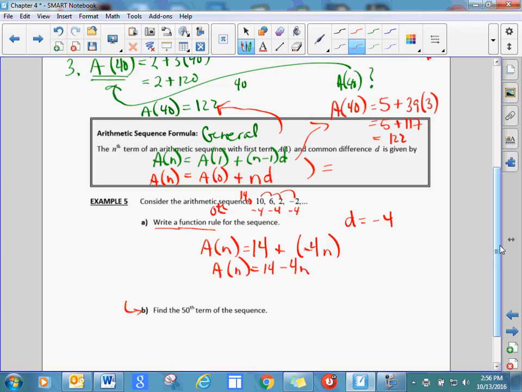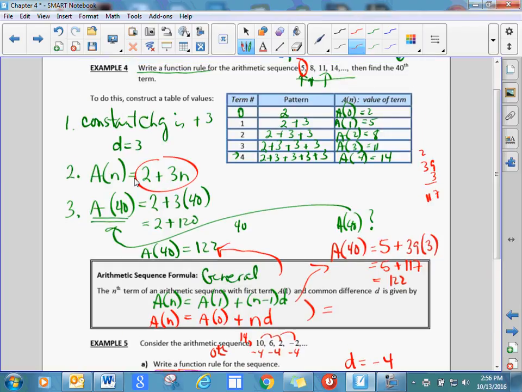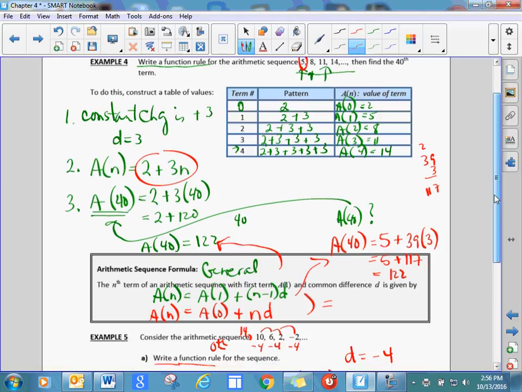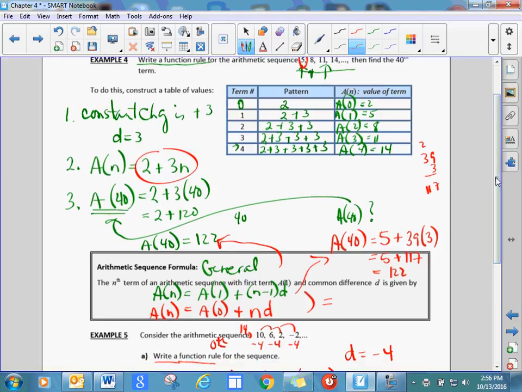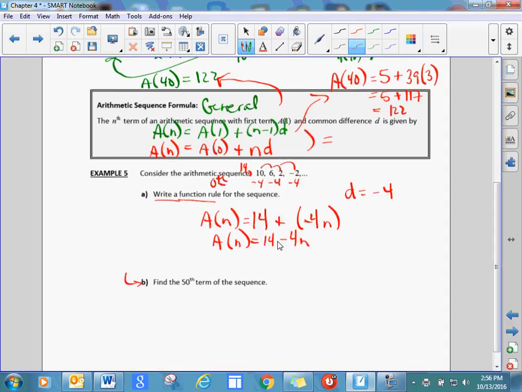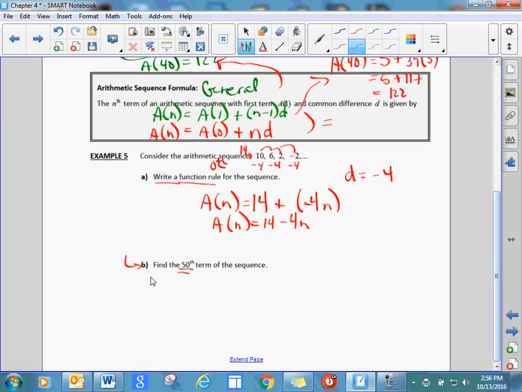So we've done exactly what we did in this example up here. In this example, we figured out what the function rule was, and then we found the 40th term. Down here, we figured out what the function rule is, and now they're asking us for the 50th term of the sequence. So let's plug in.